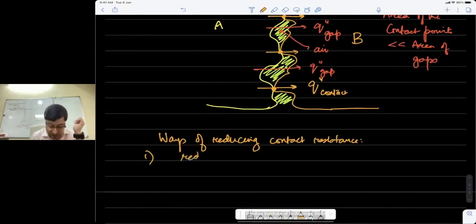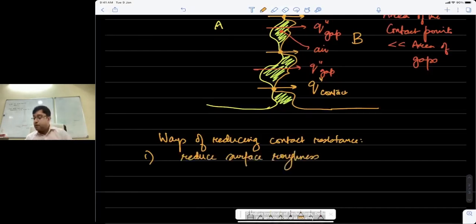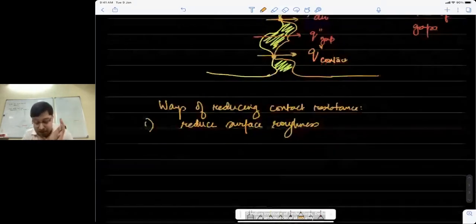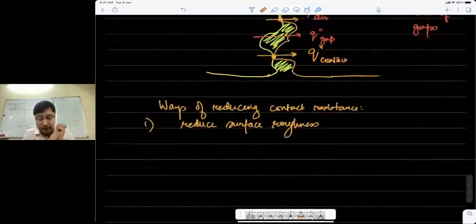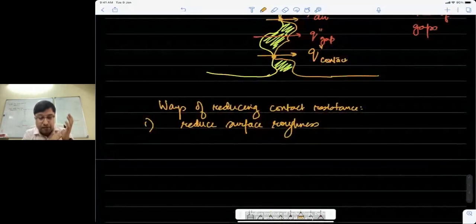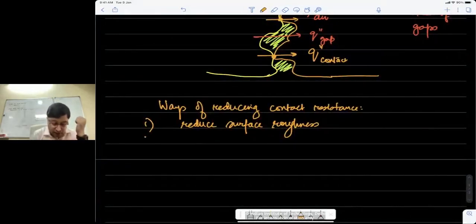So we can reduce surface roughness, which may not always be possible. Please remember that if you're dealing with metals, you may be able to reduce surface roughness, but when you deal with non-metals, it is not that easy. Case in point, if you're dealing with wood, whatever you do, you cannot make it smooth into that particular finish.